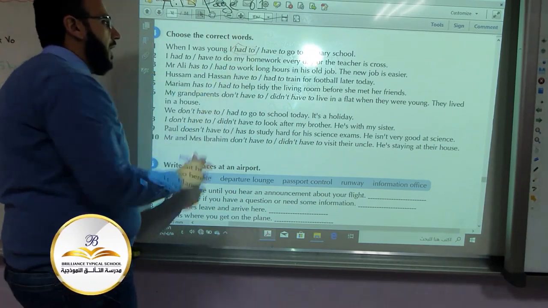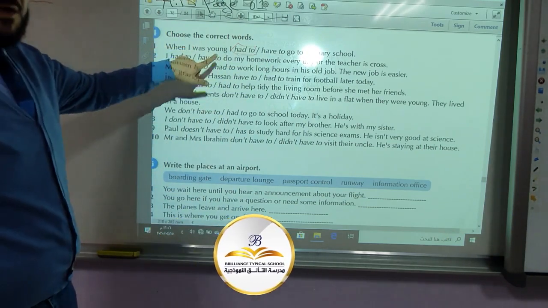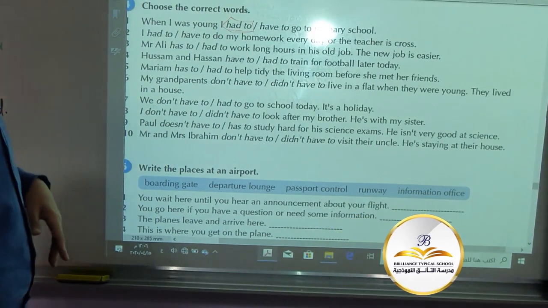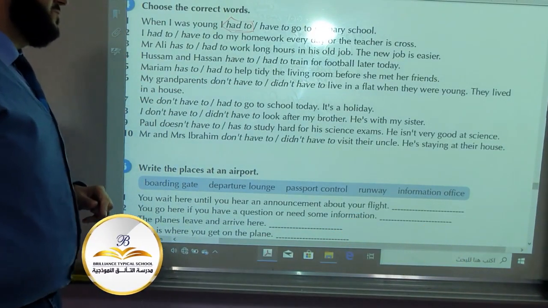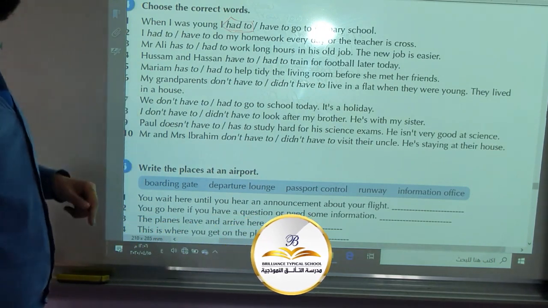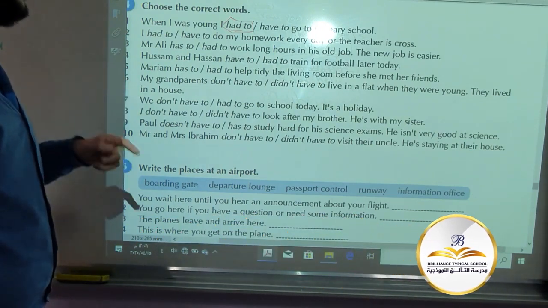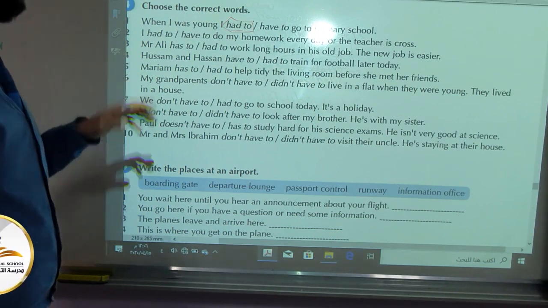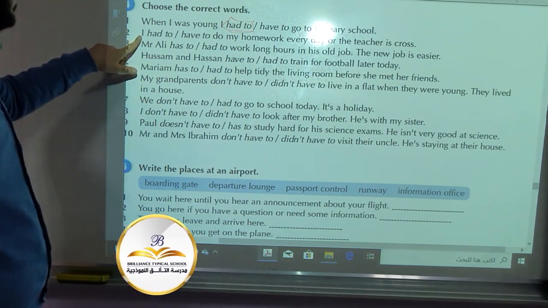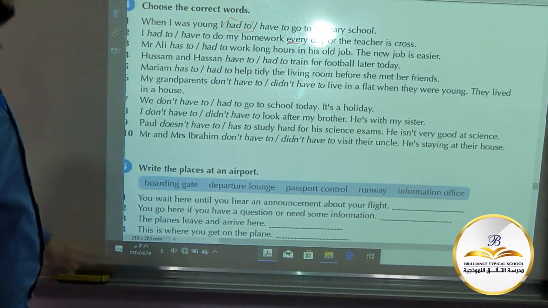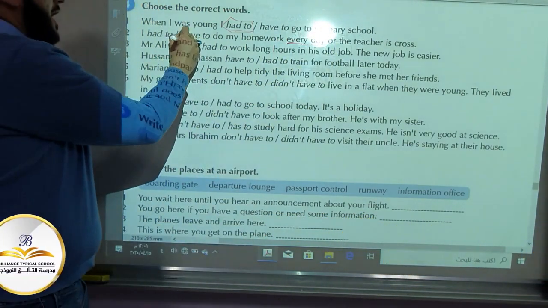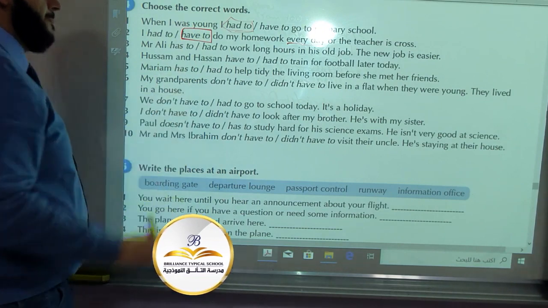Had to. Why? Because when I was young, it refers to the past. Look at example number 2. I have to do my homework every day, or the teacher is cross. Look here we have every day. That means present. I have to.